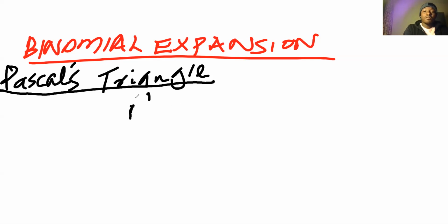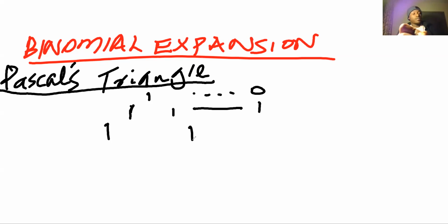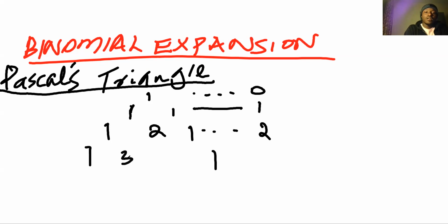So the first row is row 0. Then this is row 1. Then here, if we have 1, the next one will be row 2. 1 plus 1 is 2, so this one will be 2. Then the next one, here is 3.